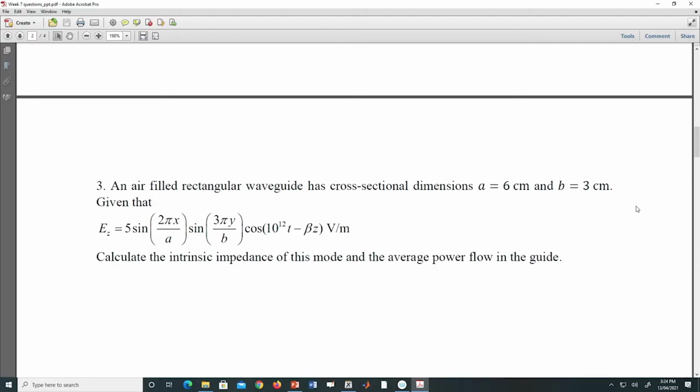Calculate the intrinsic impedance of this mode, because this impedance depends on the mode of operation, and the average power flow in the guide. For this mode, we have to calculate the average power flow in the guide and the intrinsic wave impedance.